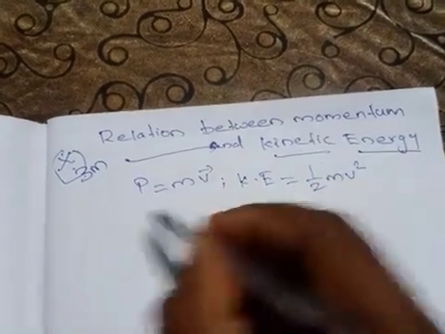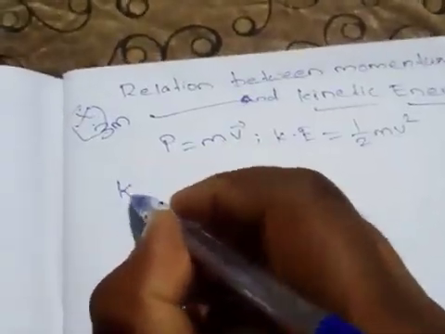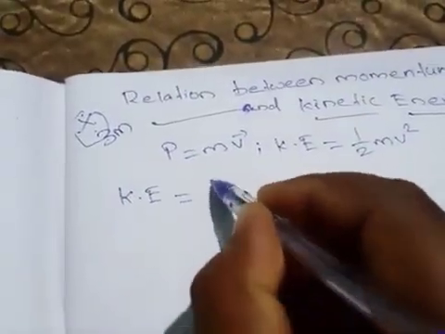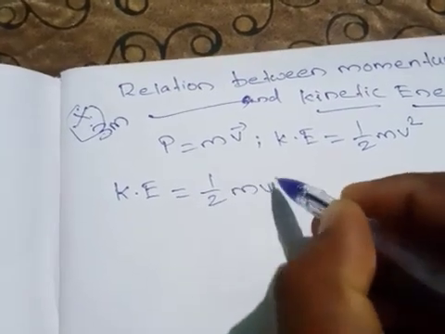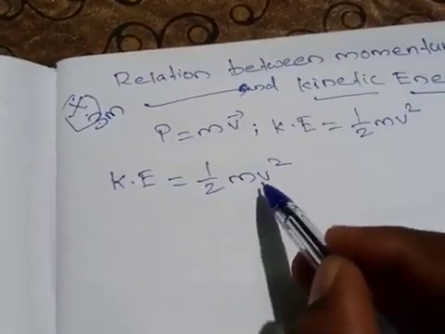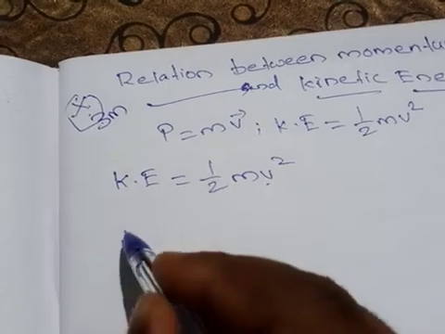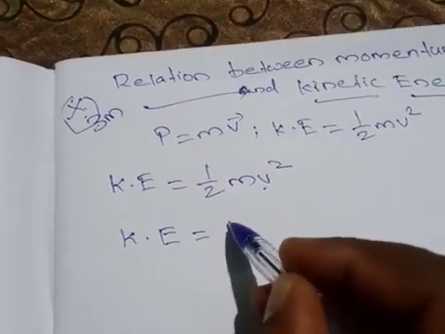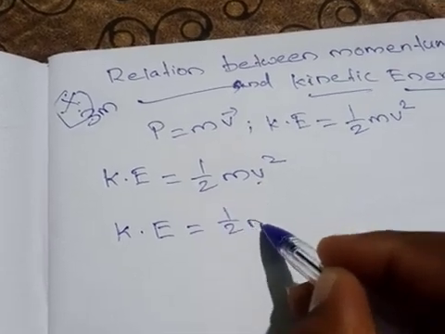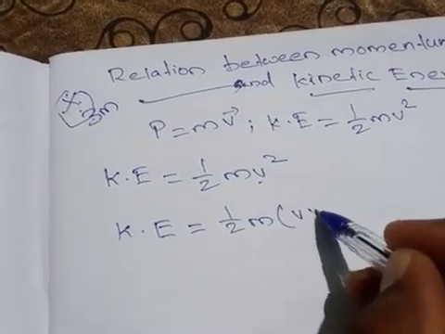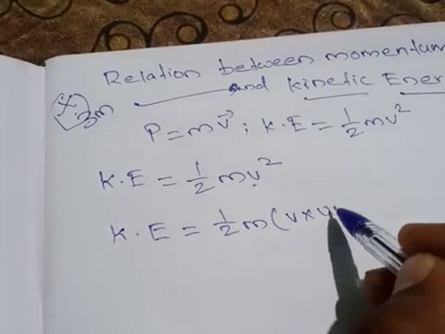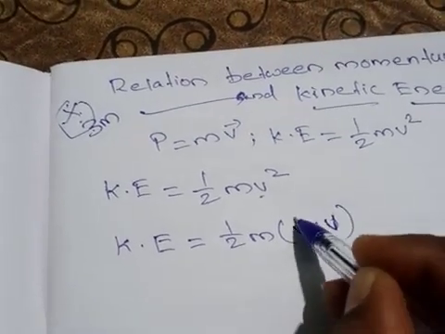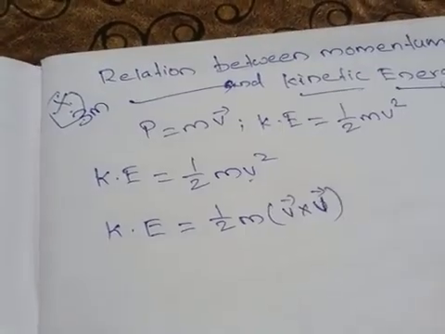For that I am taking the equation kinetic energy is equal to half mv square. Next step, I am splitting this v so that I can write KE is equal to half mv into v. This v square I am writing v into v. Vector symbol you put, important.